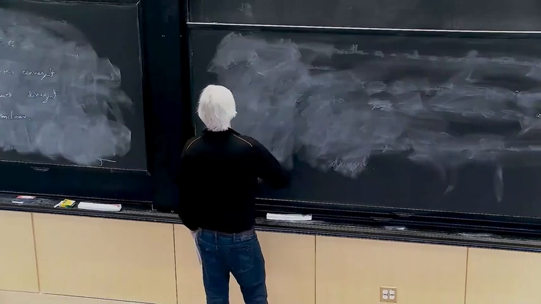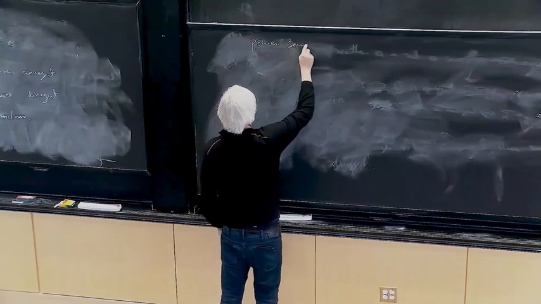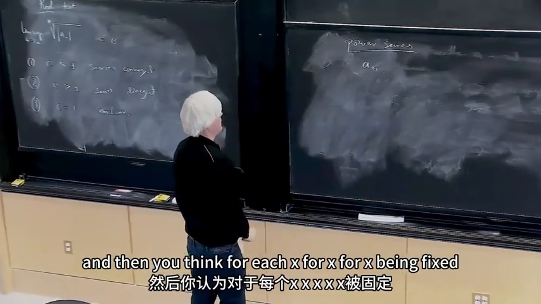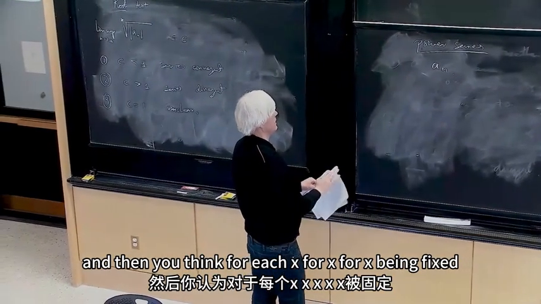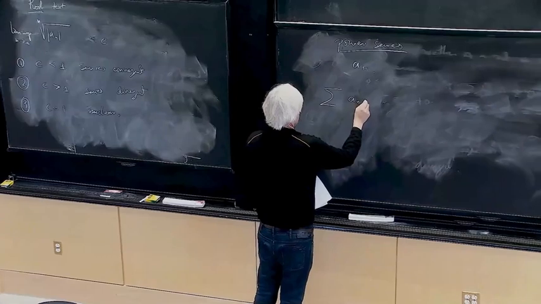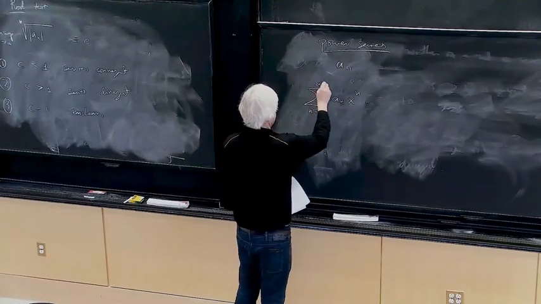So you have a sequence a_n, and then for each x, with x being fixed, you form a series.